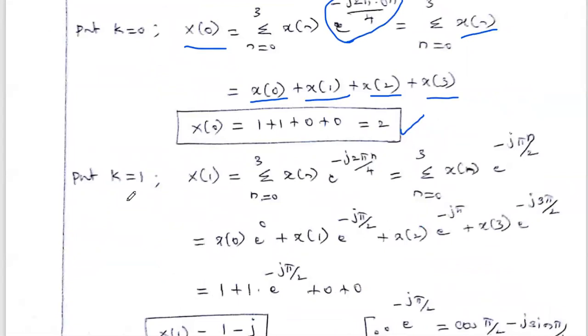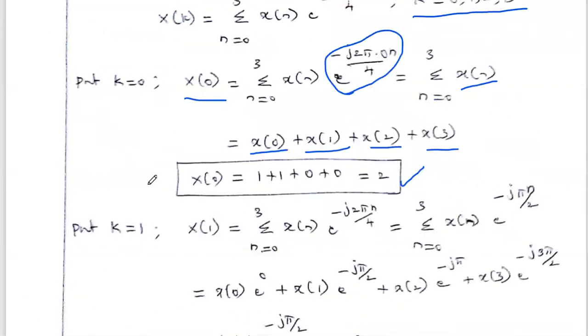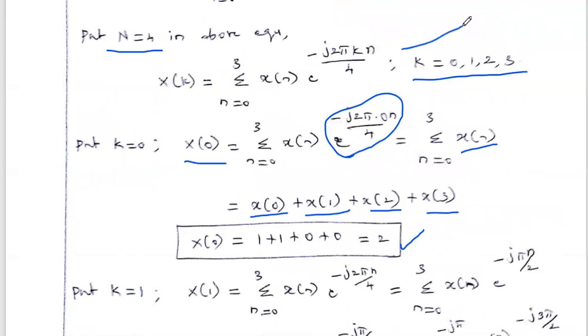Similarly, we have to find the X of k value for k equal to 1, k equal to 2, k equal to 3. Next, put k equal to 1 in equation number 1.